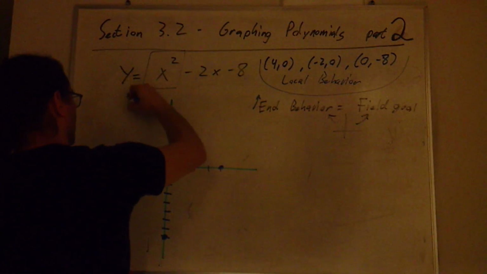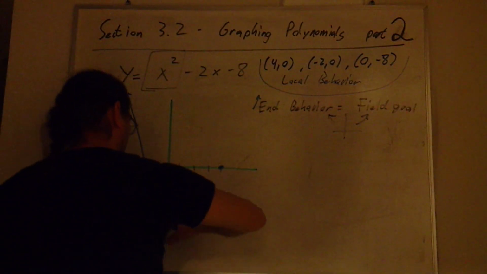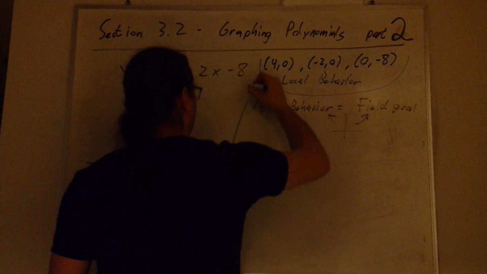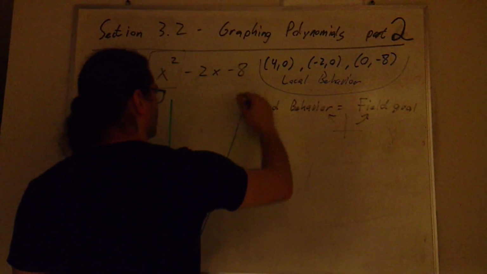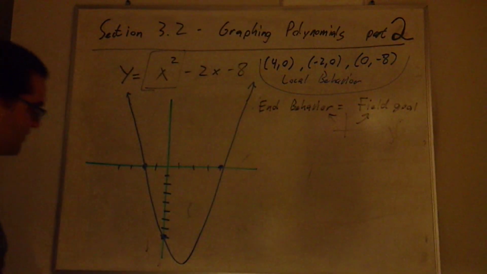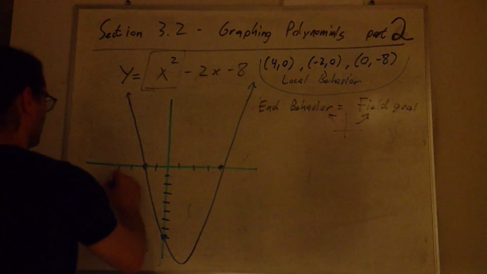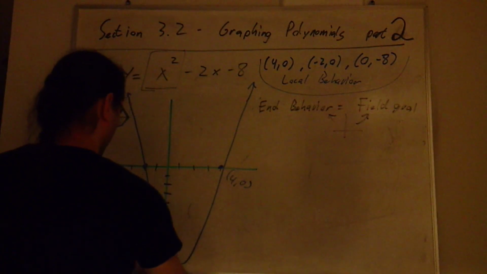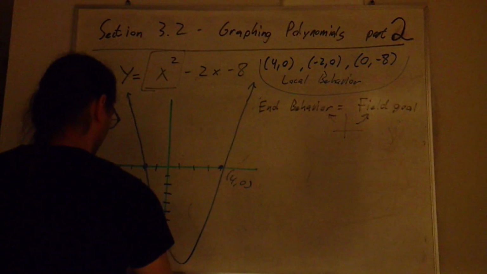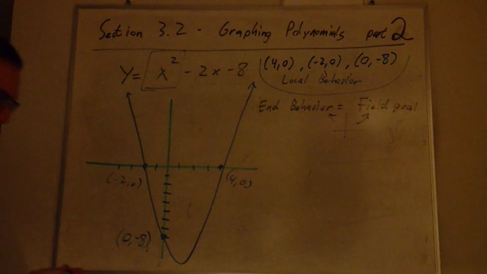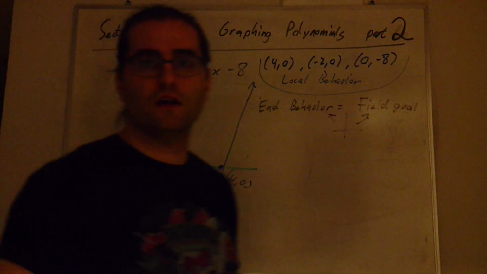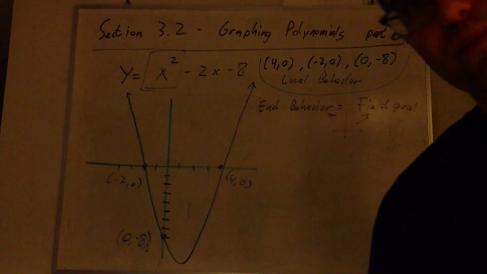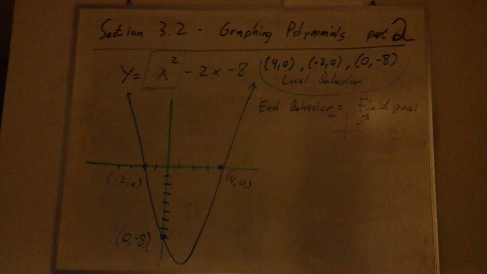So now I'm just going to connect the dots with these arrows. Oh, I missed. That's fine. There you go. This is my polynomial. (-2, 0), (4, 0), (0, -8). Up in both directions. That's the whole thing. More coming soon.